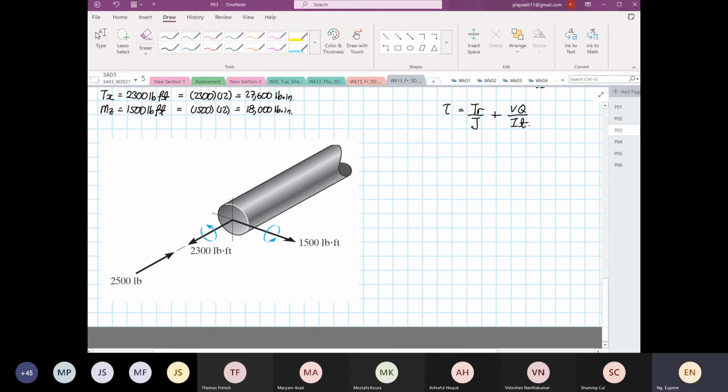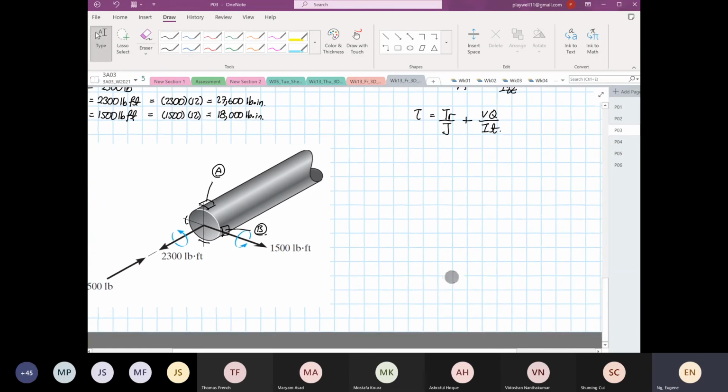I'm going to draw one element here, one element here, one element below, one element at this side. So I'm going to call this my element A, element B. So this is my transformation: X, Y, and Z.